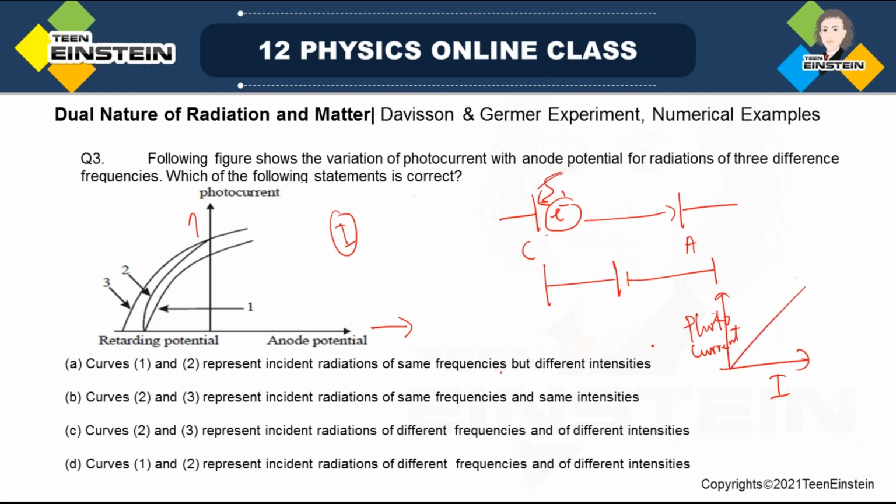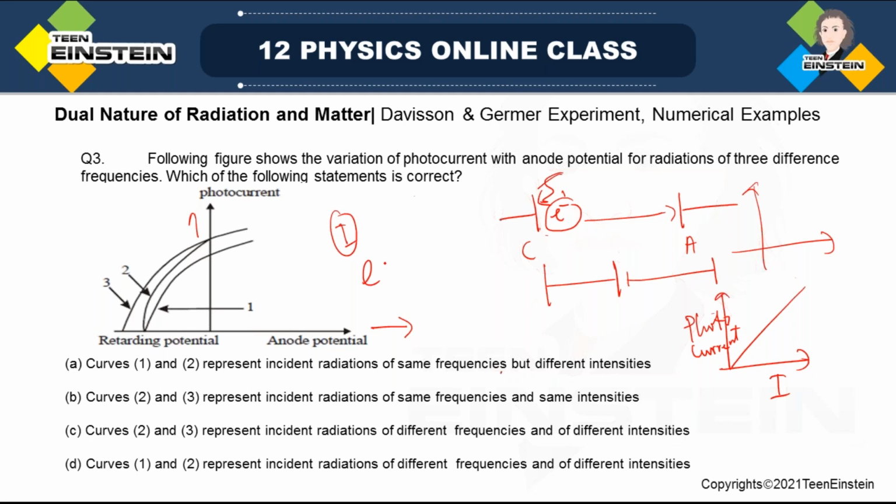If you increase the intensity, photocurrent will increase. But frequency variation doesn't have any direct relation to the value of the current; it has a relation with the maximum kinetic energy of the emitted electron. So that is what we have seen.